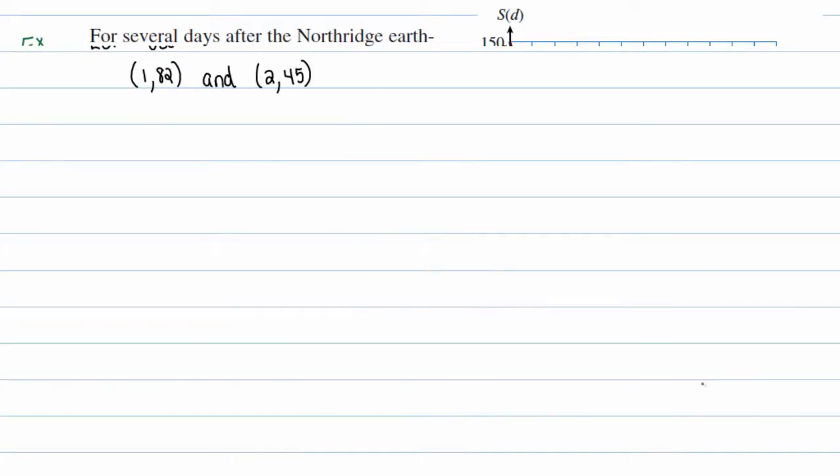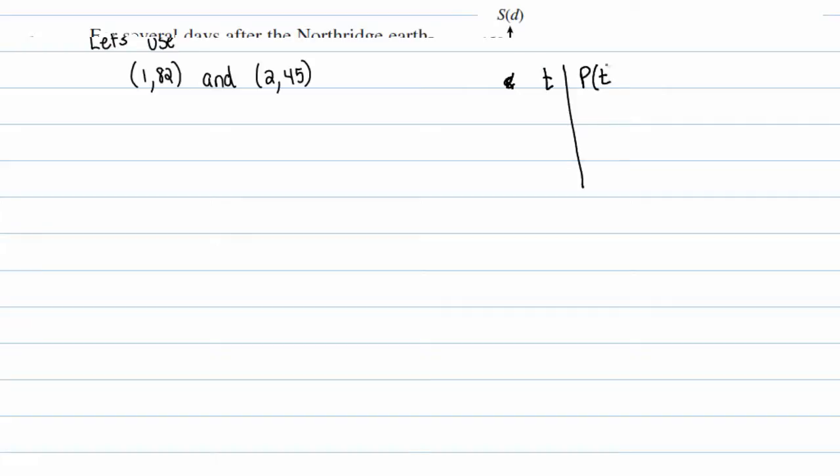Let's use the points (1, 82) and (2, 45). Now there's a lot of fancy ways you can go about doing this, but the fact is that if your points are right next to each other, if you can set them up in a table, like, well, we're using t's and P's, so 1, 2 for your input values, and 82, 45 for your output values, you can find out what the decay factor is just by noting that every time I step by 1 in the inputs, my output should be multiplied by some number I don't know.